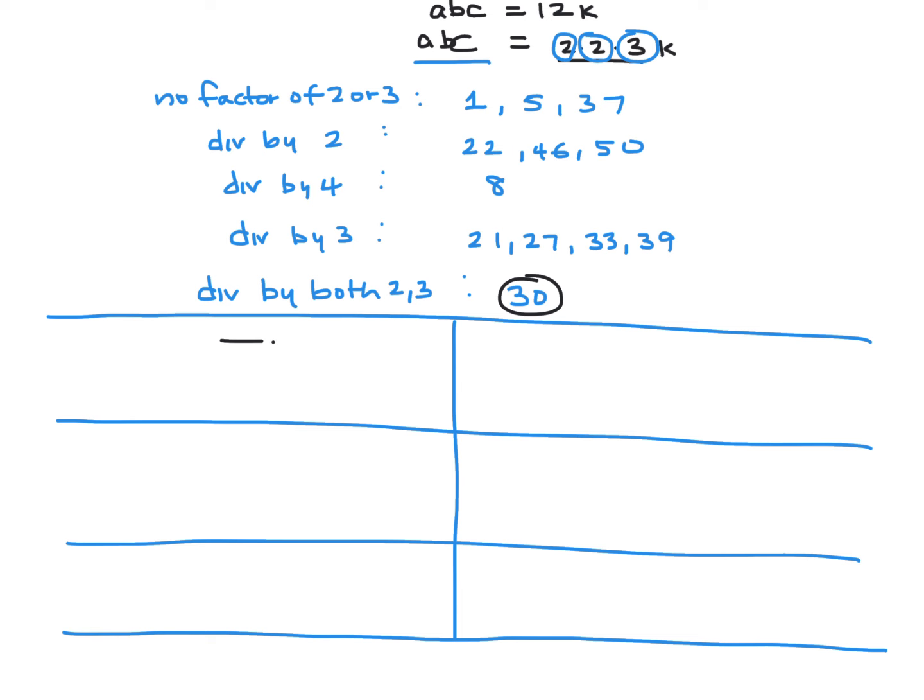So if I have A, B, C, 3 numbers, and I choose 30 as one of the numbers, I've already got a factor of 2 and I've already got a factor of 3. Remember, I've got to have 2 times 2 times 3 to get a factor of 12. So the 30 already gives me the 2 and the 3. The only thing I need to get is a factor of 2. So I have to get a factor of 2 from that guy.